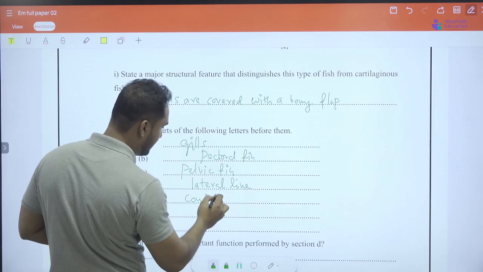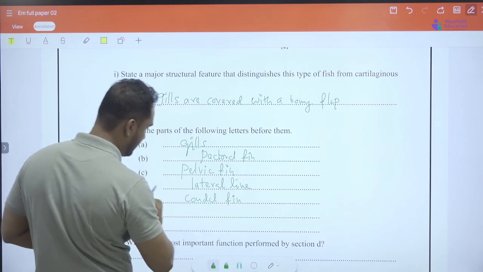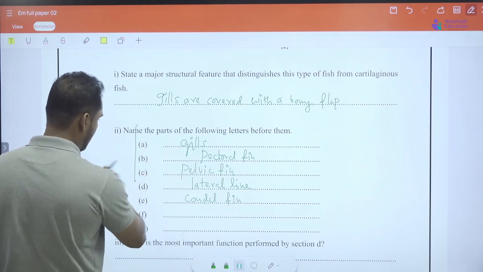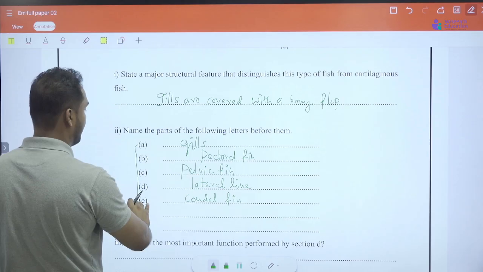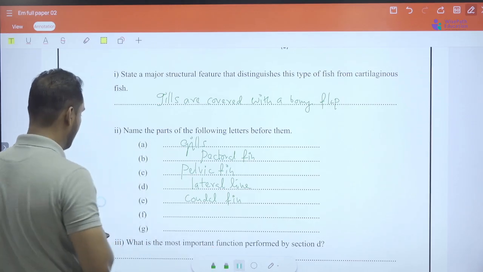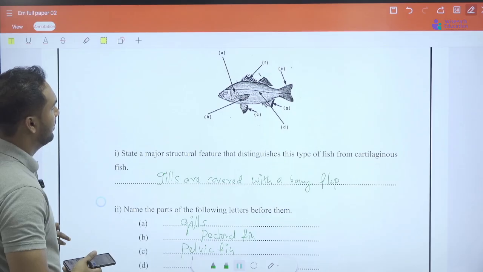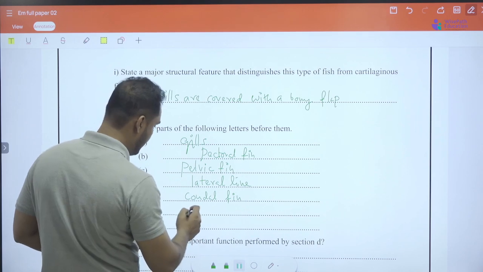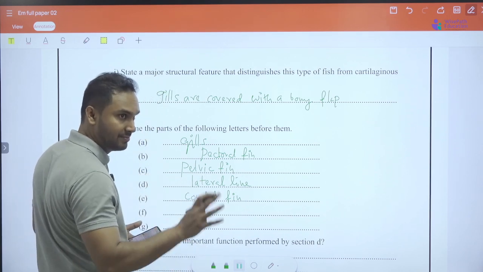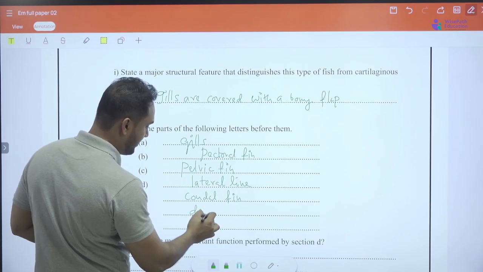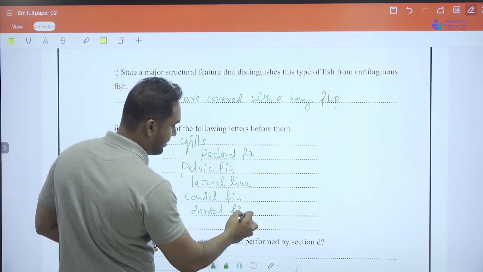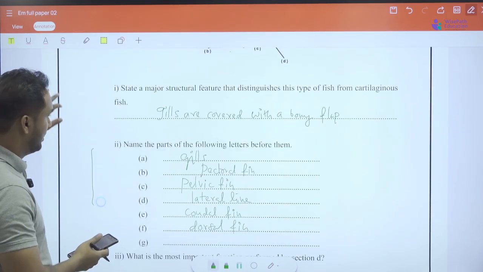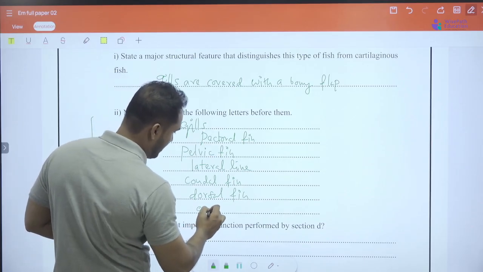That's the caudal fin. F is the dorsal fin. And G. What is G? Anal fin.